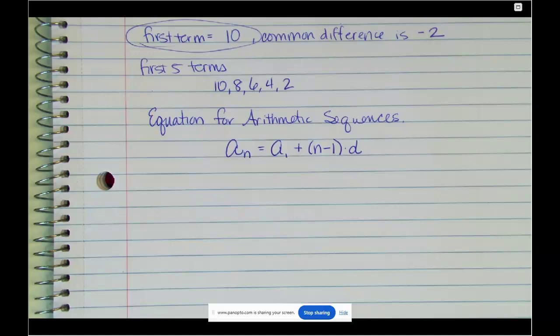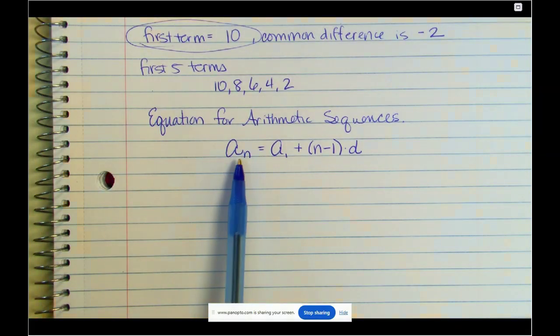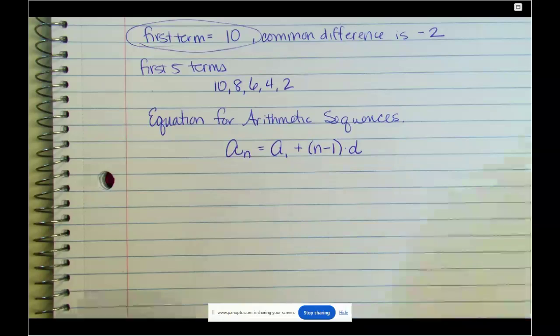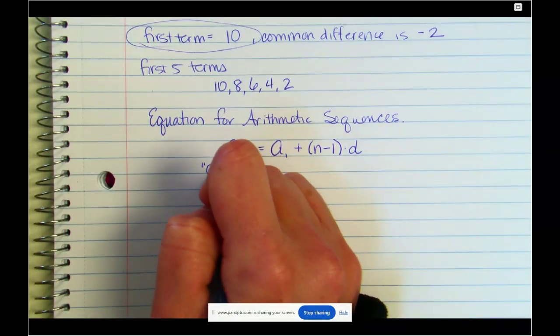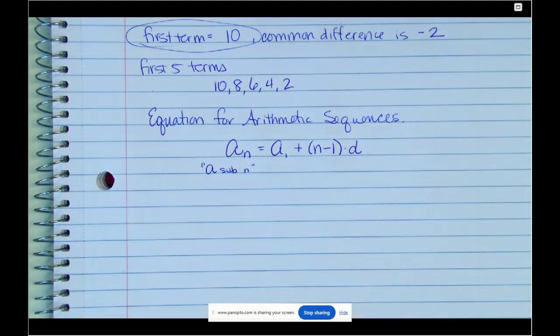So usually our equations have x's and y's. There's no x's and no y's here, so this looks a little bit weird. Okay, so this is called, the way that we say this is A sub n. That's how you would say that there.